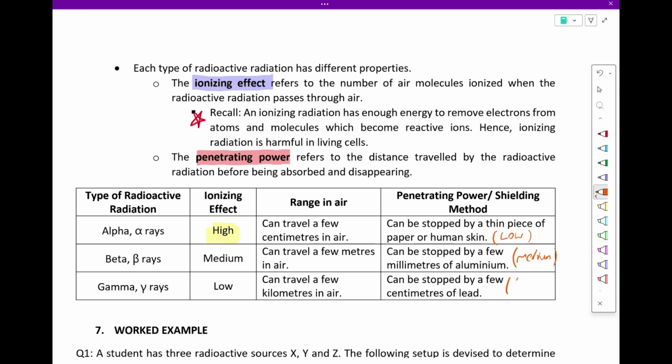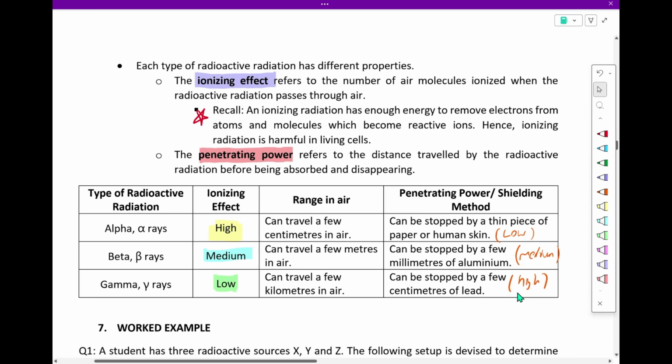Okay, basically, the ionizing effect and the penetrating power are inversely proportional, which means if I have high ionizing effect, I have low penetrating power. If I have low ionizing effect, I have high penetrating power.